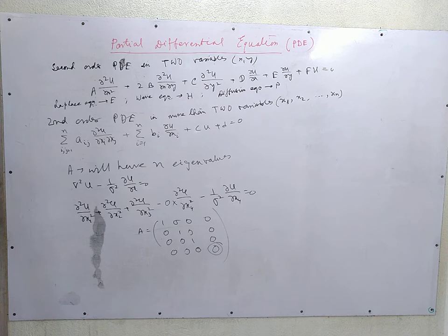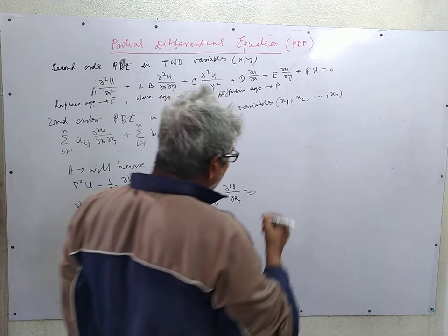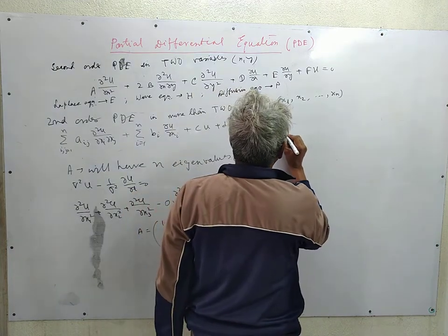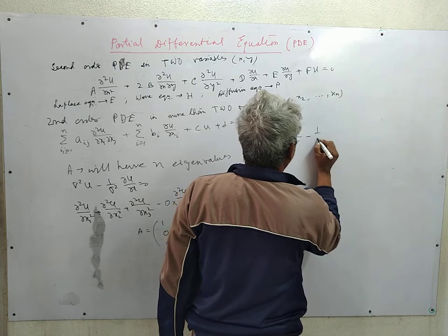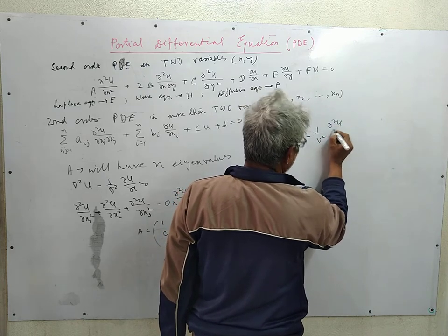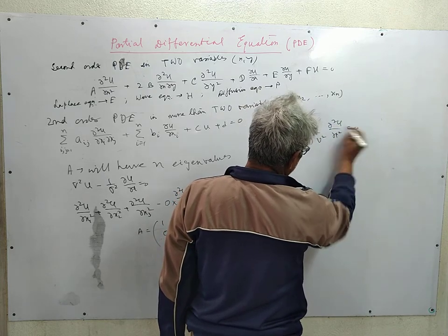Few special techniques are available, as for example for the wave equation. If we consider a wave equation in one dimension, then this equation is del 2u del x2 minus 1 by v square del 2u del t2 is equal to 0.